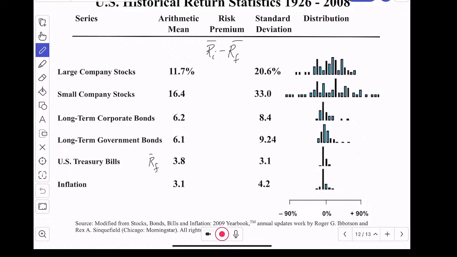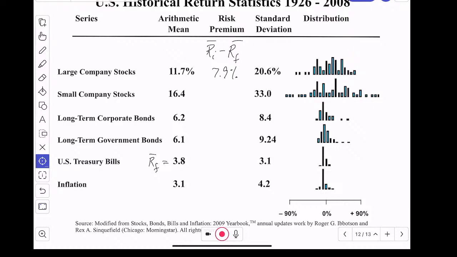And here I use the bars because these are calculated as averages of historical data. And if you calculate 11.7 minus 3.8, to be incentivized to take on this risk, investors require a premium, something extra, like a payoff of 7.9%. That's called the risk premium.